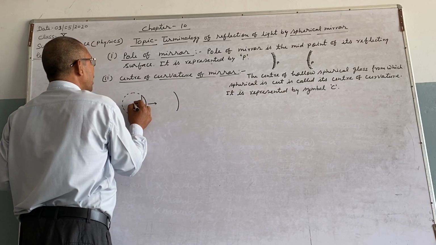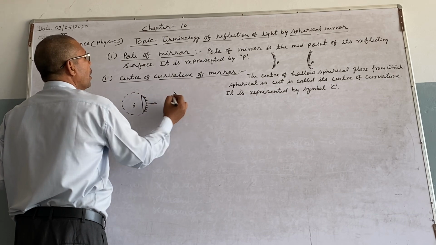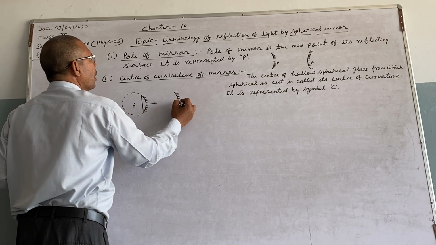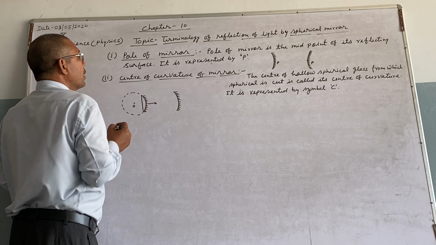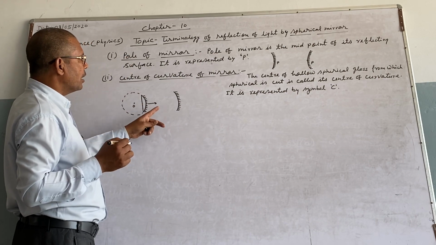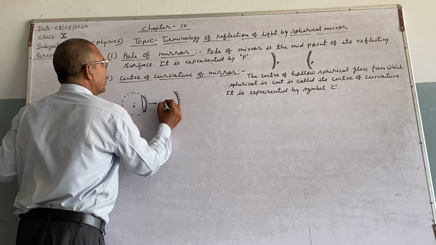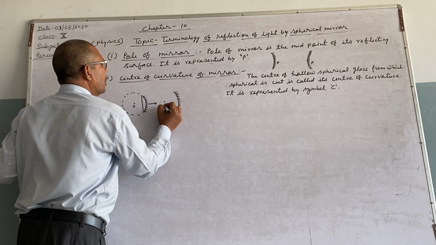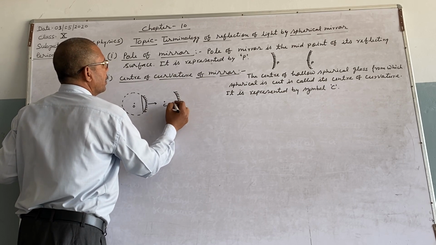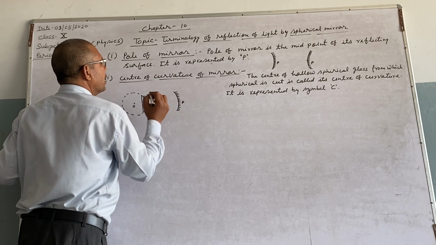So the center of this hollow spherical glass from which spherical mirror is cut is called center of curvature. This is pole and this is center of curvature.